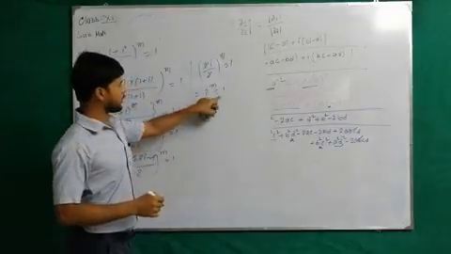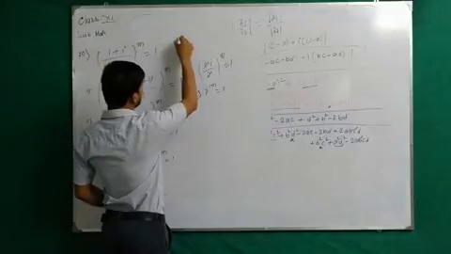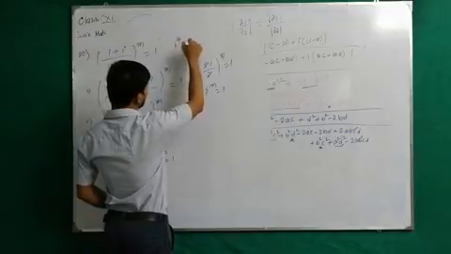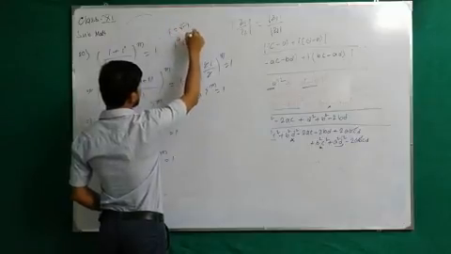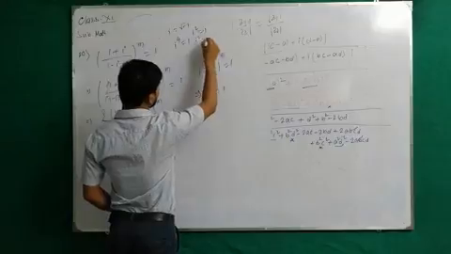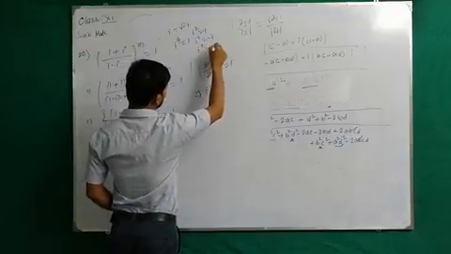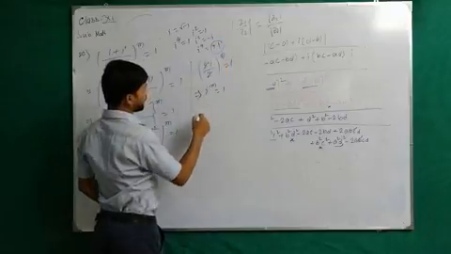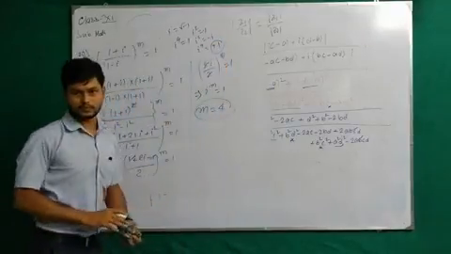Now i to the power n is equal to 1, and we know that i equal to root over minus 1, i square equal to minus 1, i cube equal to minus i, and i to the power 4 is equal to plus 1. So least value of n will be equal to 4.